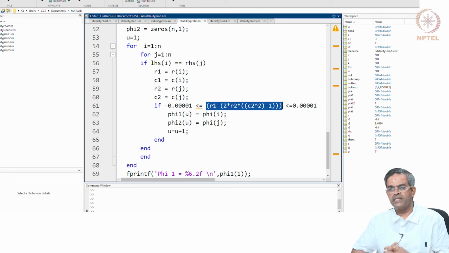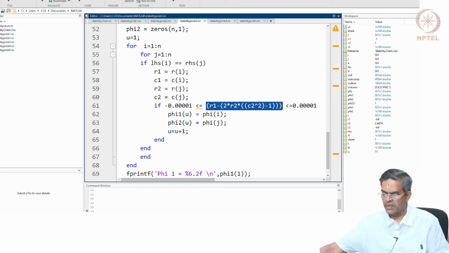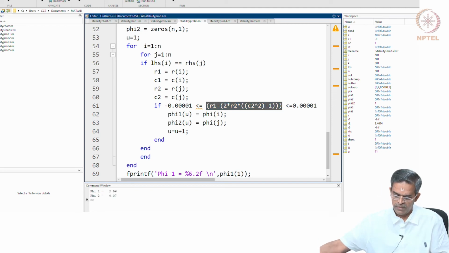If you simply say exactly 0, we may not be able to pick up the correct values of R1, R2, C2 and C1 from the chart. So, let us closely pick this up.